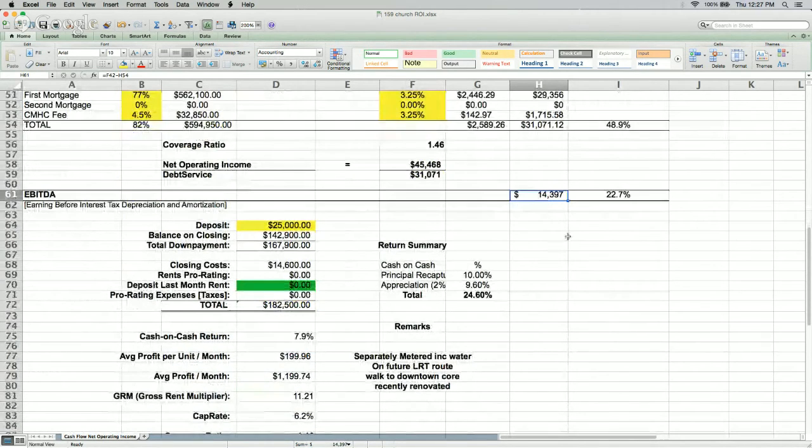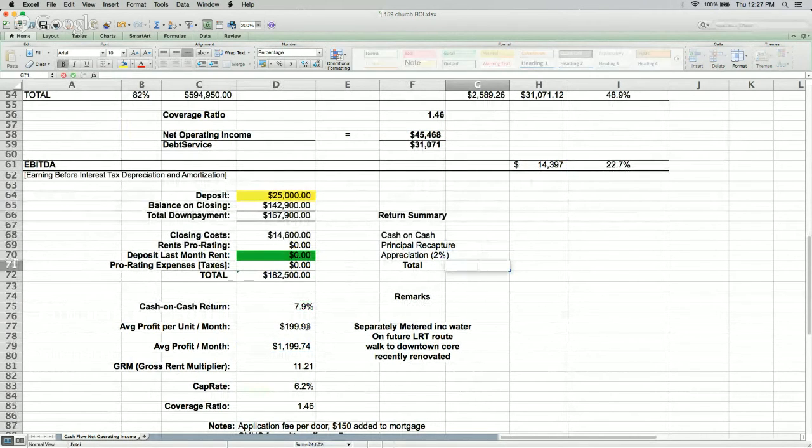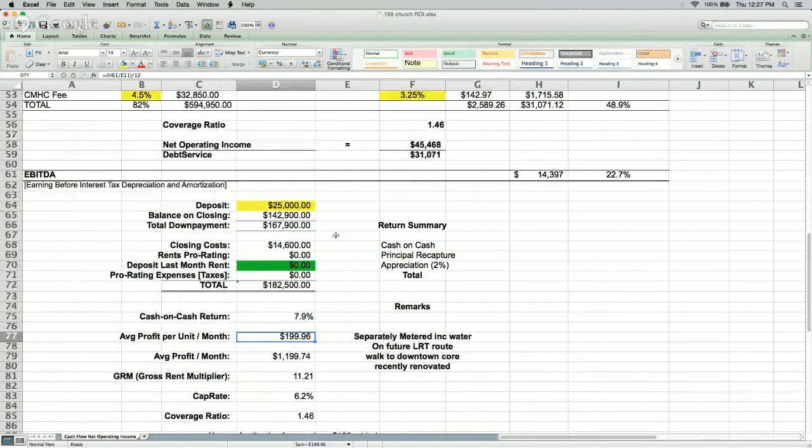Okay, you got about $14,000 a year there in cash flow, or about $1,200 a month. This deposit structure, typically with an offer like this, we're putting down anywhere from $20,000 to $25,000 as a deposit. I just want to make that clear.